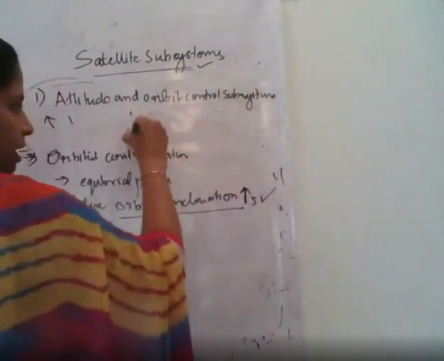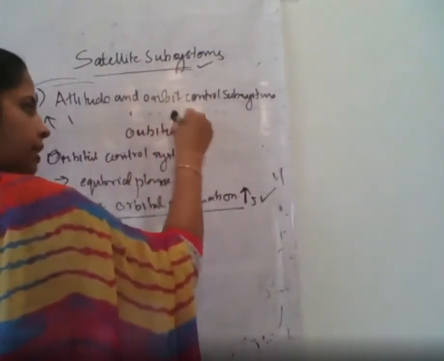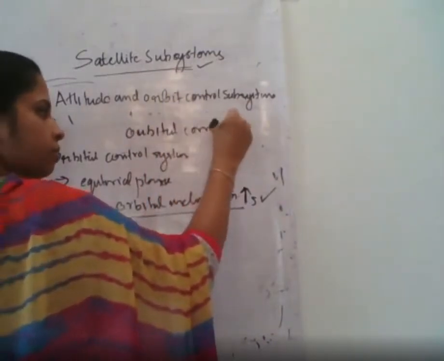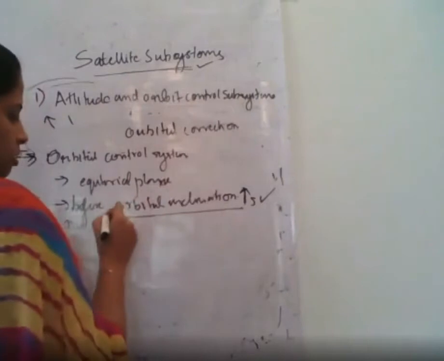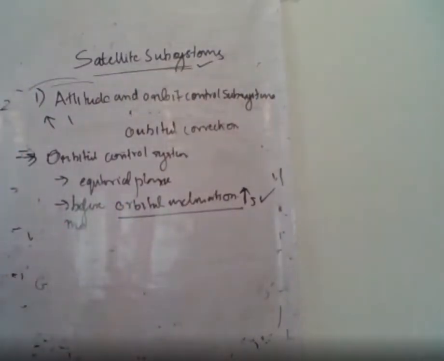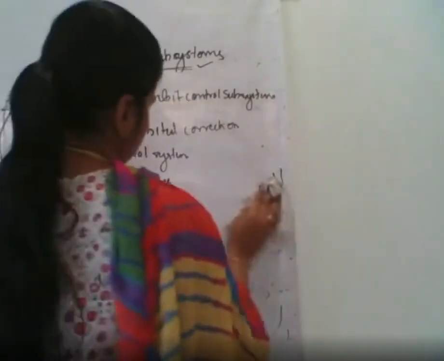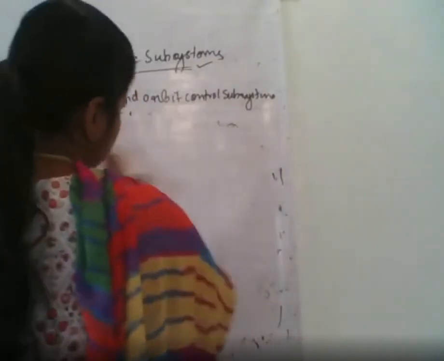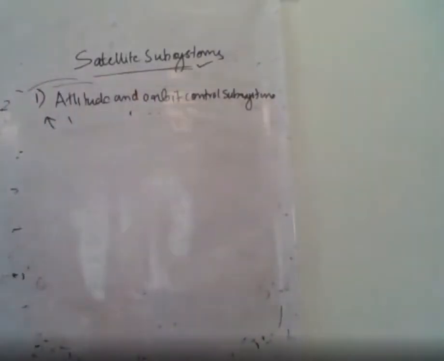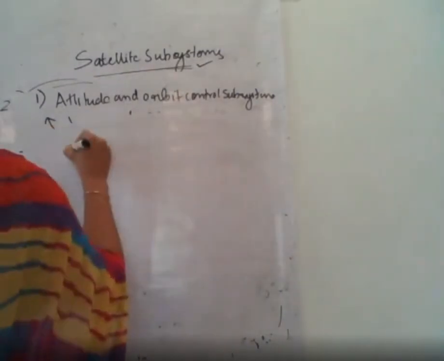So orbital correction must be done frequently so that the orbital inclination does not become excessive or increase.